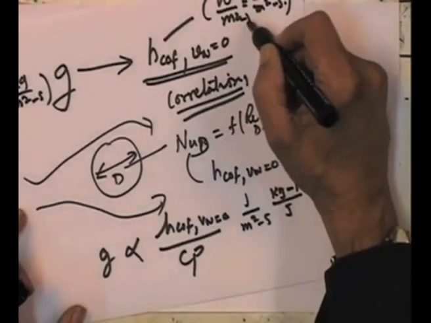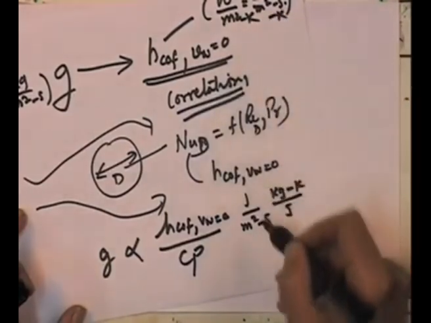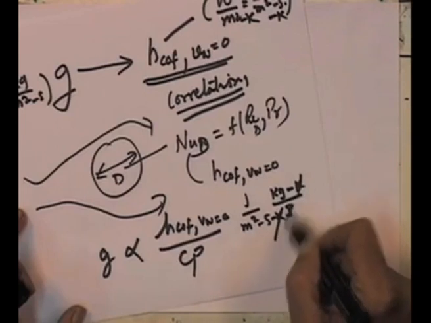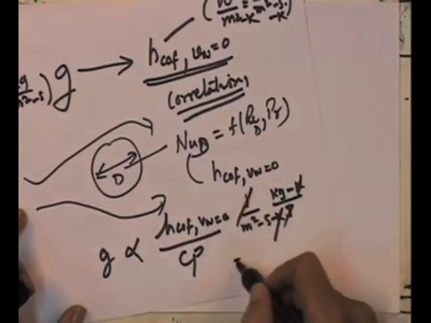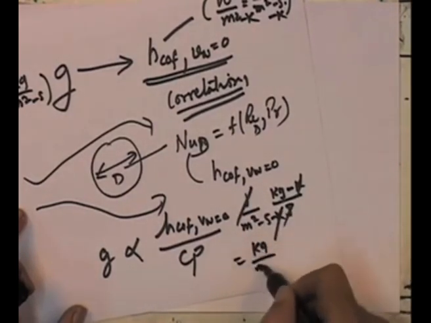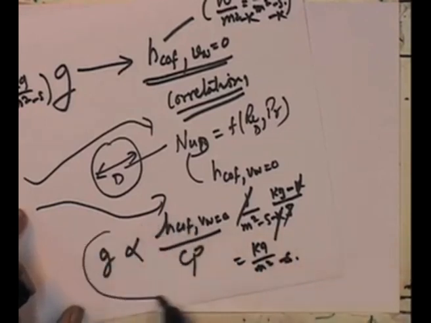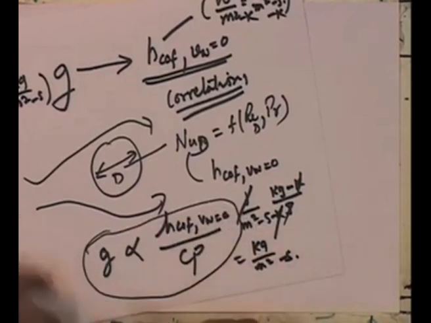So, K gets cancelled, joules and joules get cancelled, and again you will get kg per meter square second. So, this is what we are aiming at.